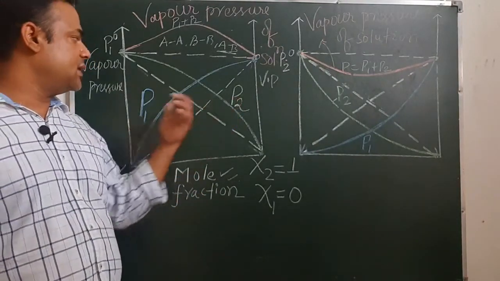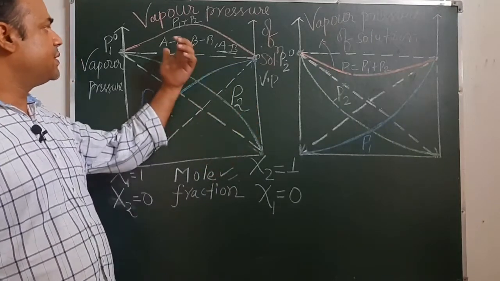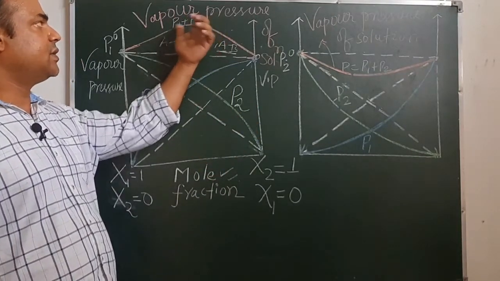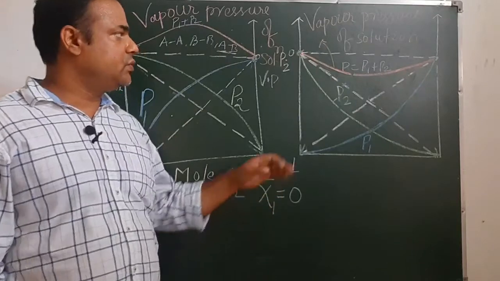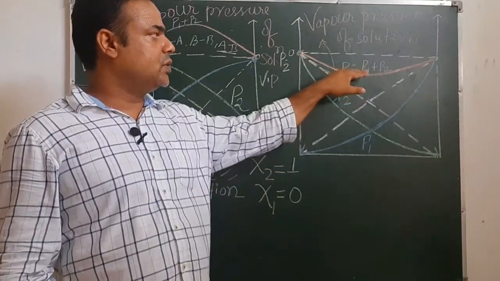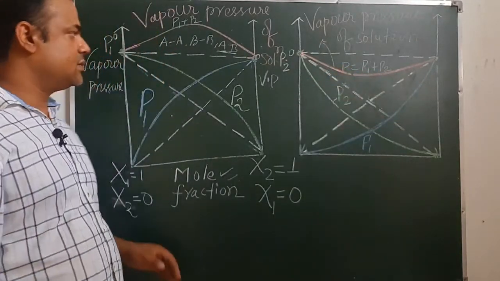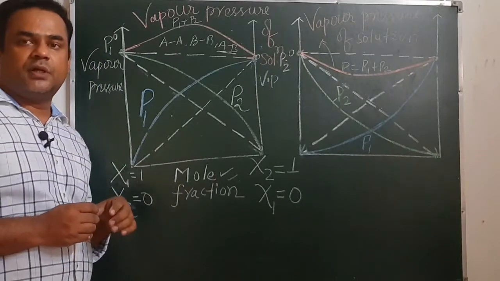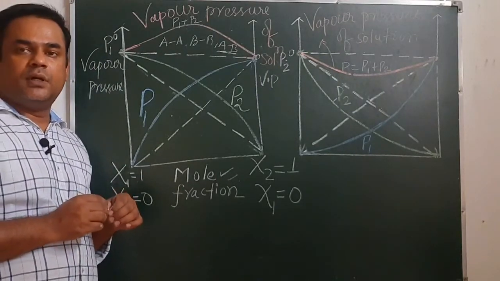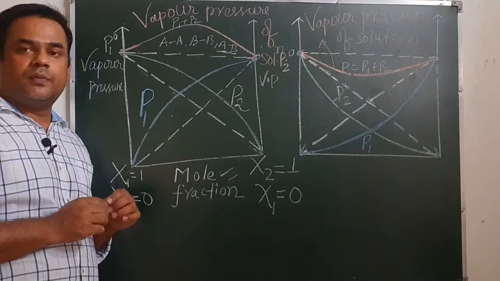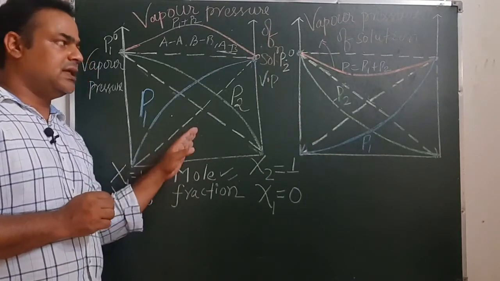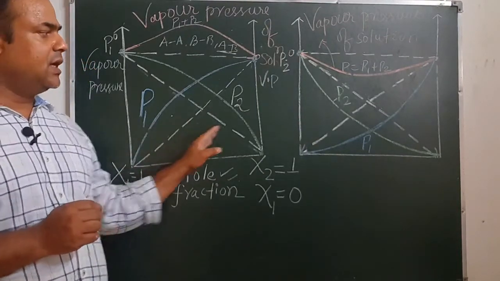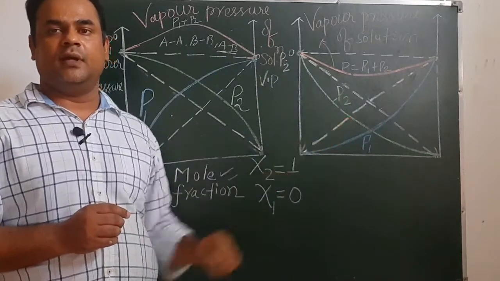Here two components are there, 1 and 2. So total vapor pressure will be the sum of partial pressure of each component, P1 plus P2. Similarly here also total vapor pressure equals P1 plus P2. So this was the phase diagram of Raoult's law in case of non-ideal solution. This graph is showing positive deviation and this graph is showing negative deviation.